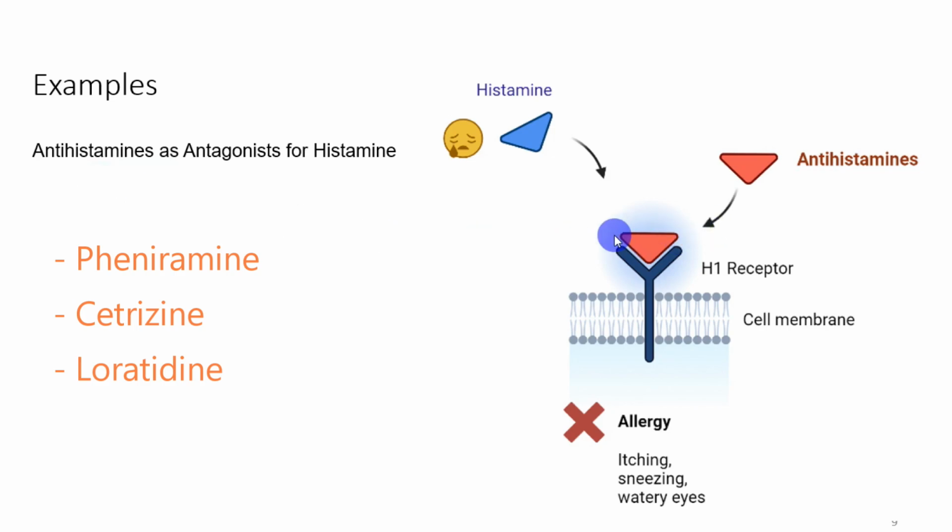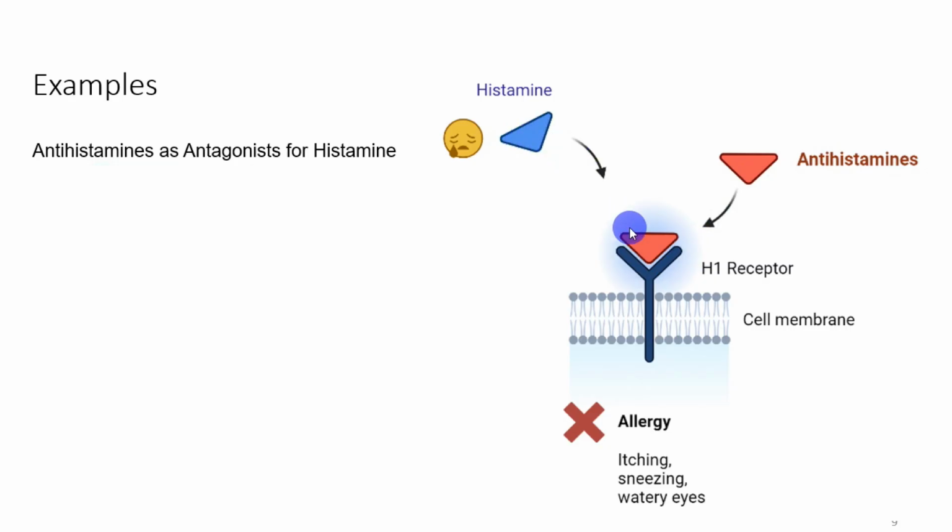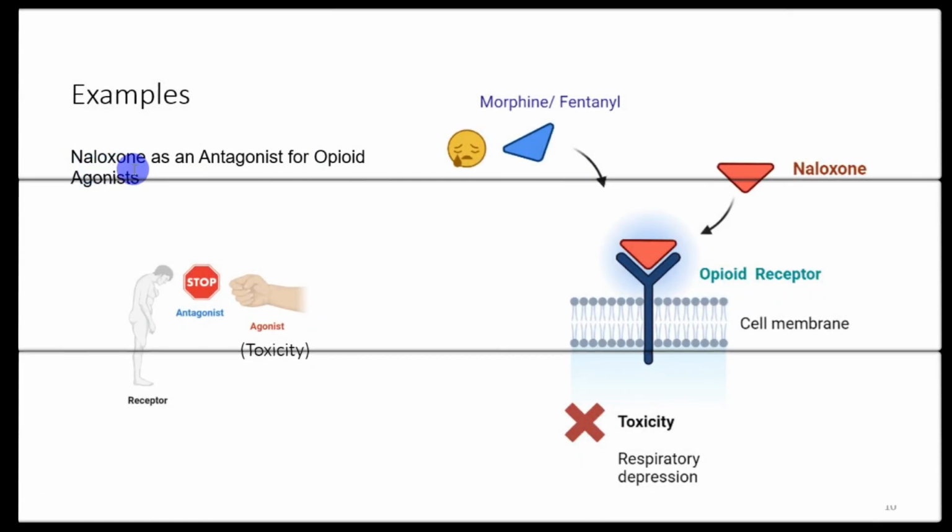So they go for the same H1 receptor spot that histamine wants. Exactly. They compete with histamine for that binding site. When the antihistamine binds, it just sits there. It doesn't trigger the allergy symptoms. And because it's occupying the receptor, the histamine can't bind, or at least not as effectively. So it blocks histamine's effects, reducing the symptoms. Okay, that makes sense. It prevents histamine from doing its job.